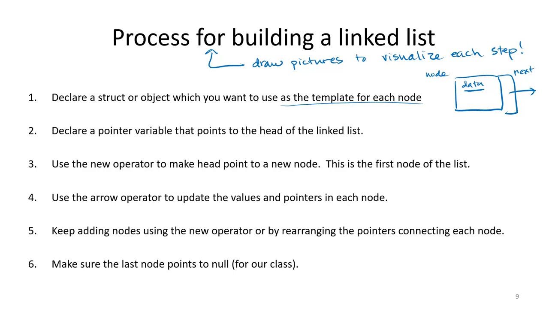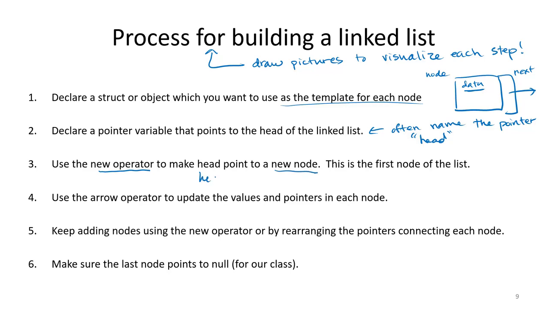The next thing to do is to declare a pointer which points to the head of the linked list. So we often call this pointer head. Because it points to the front of our linked list. Our next step is to take our head pointer and use the new operator to make head point to a new node.